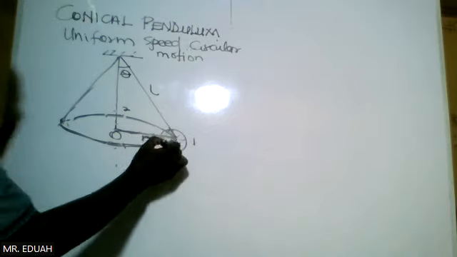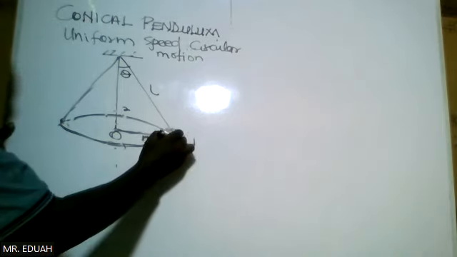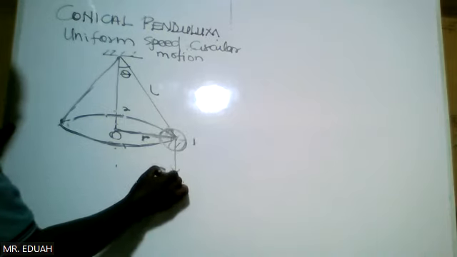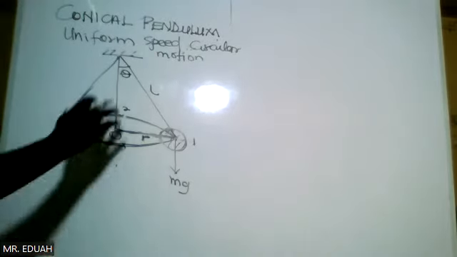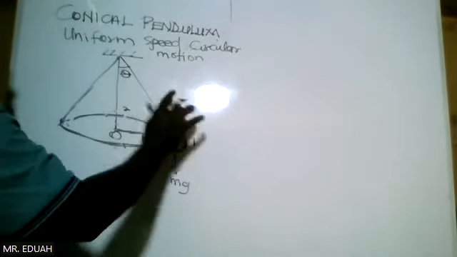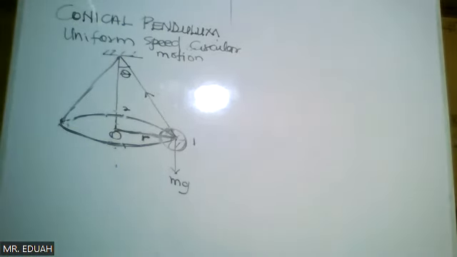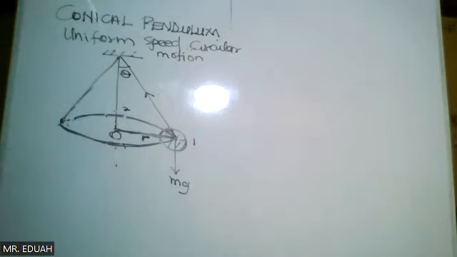All right. Now, this is the object. The object has a weight given by mg. This is a string. There is a tension T which supports the weight.